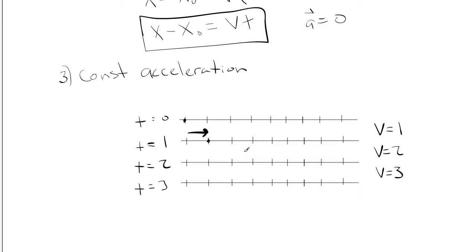So from the time interval between 1 and 2, my velocity is now 2, which means I'm moving 2 spaces over on my timeline. And then now my velocity becomes 3, so I move 1, 2, 3 spaces over. As time evolves, the difference between positions in 2 successive time intervals becomes much, much larger. So this is the case of constant acceleration.